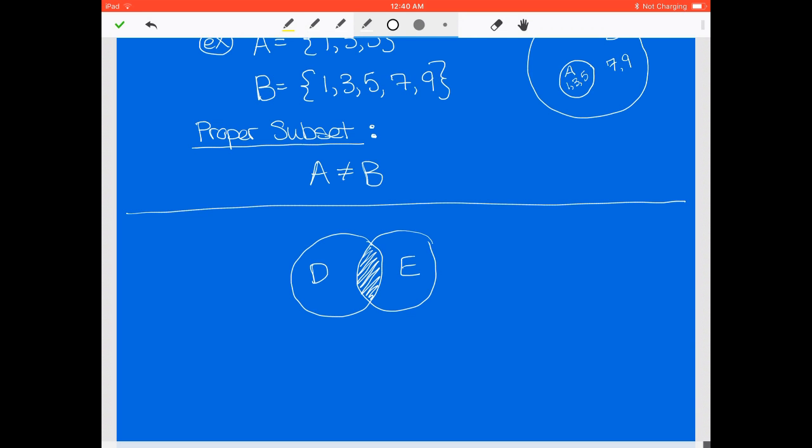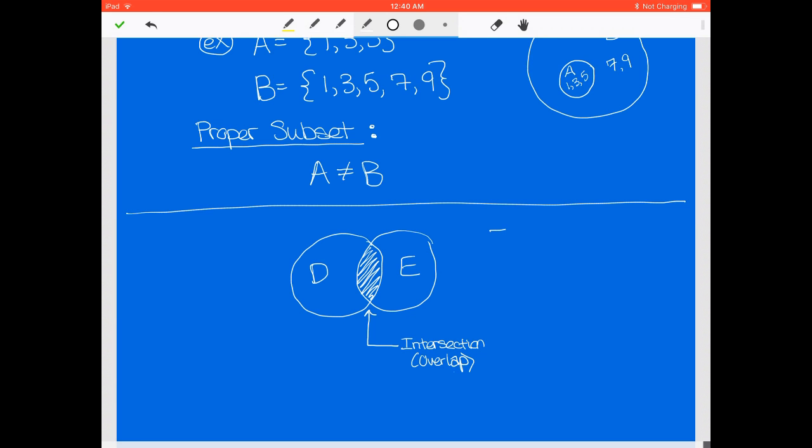How would we represent the terms that are in that intersection right there? So this is an intersection or an overlap, meaning that D and E have both of those things in common.